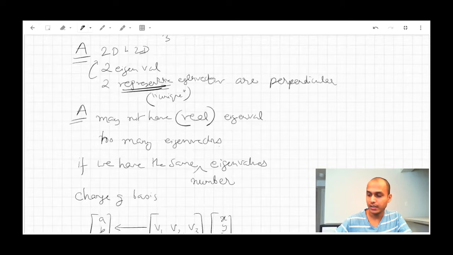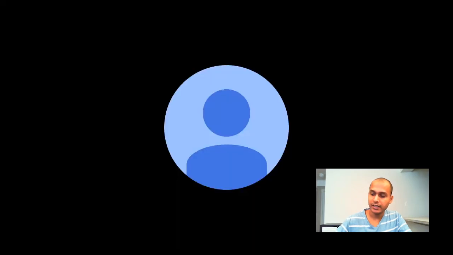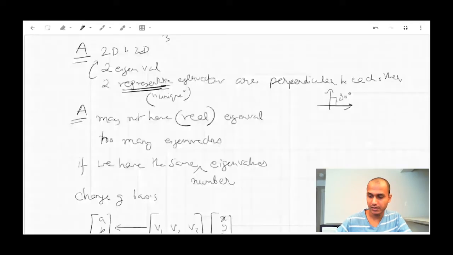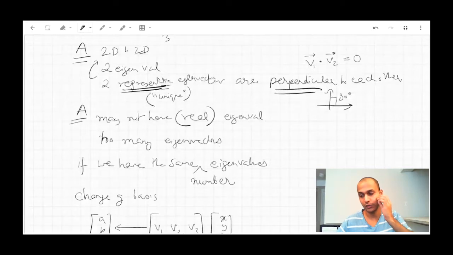Something like this, where there's an angle between them. Vectors are perpendicular to each other if their dot product is zero. Remember the dot product: let's say v1 is the first eigenvector, v1 dot v2 is 0. That's what it means for two vectors to be perpendicular. It just means that they are aligned, for example in two-dimensional space, with the angle between them being 90 degrees.